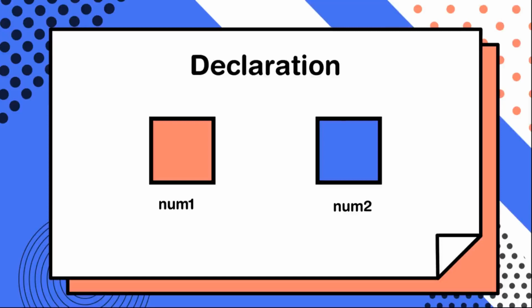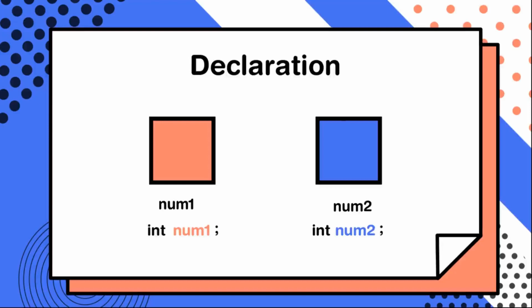So now we will define those boxes as our integer boxes by writing actual code: int num1; and int num2;.